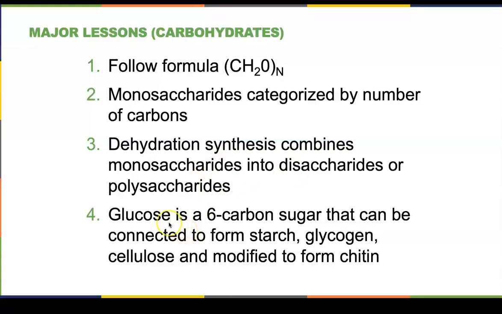Fourth, glucose is a very important monosaccharide. It is a 6-carbon sugar, or a hexose, and it can be connected together to form starch, glycogen, or cellulose, or it can be modified in order to form chitin in arthropods and fungi.